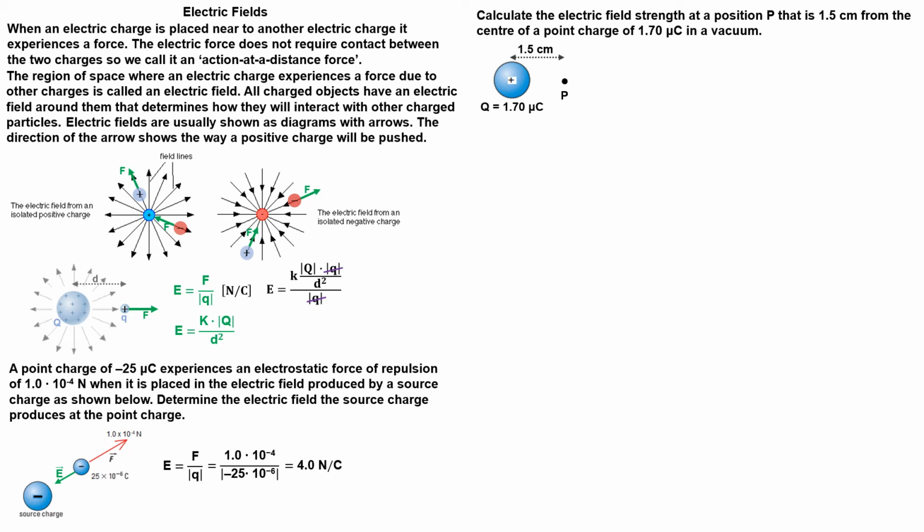We are given the magnitude of the charge and the distance from the charge to the field point. So we use the second equation to calculate the field magnitude. The field direction is radially outward from the positive charge.